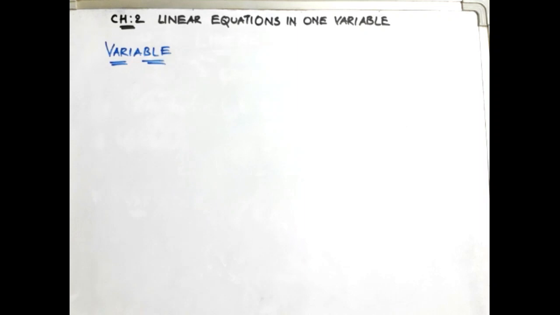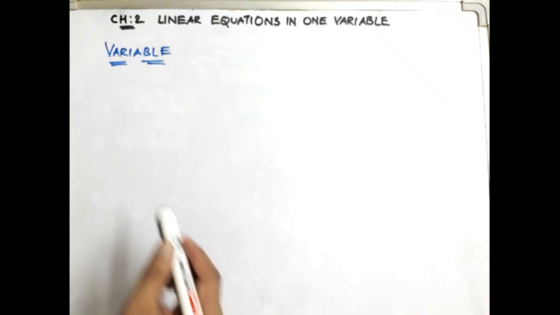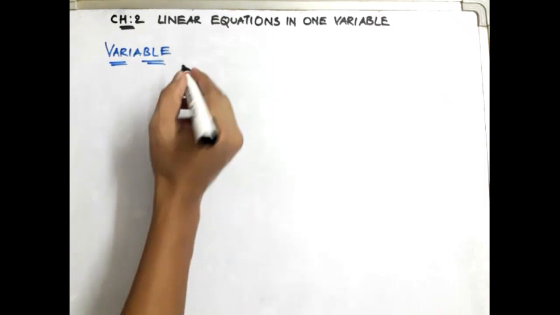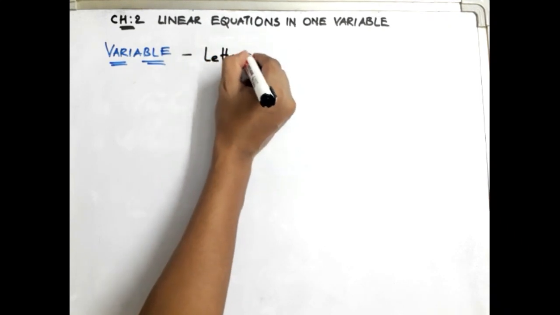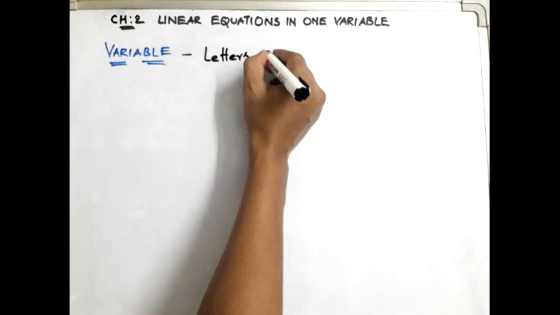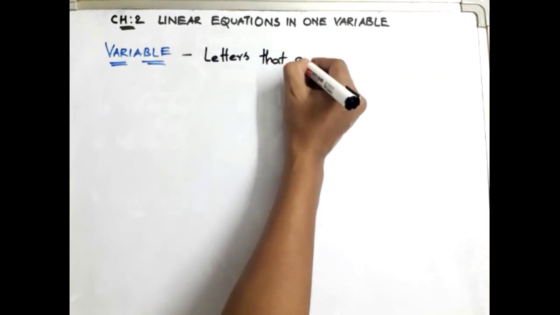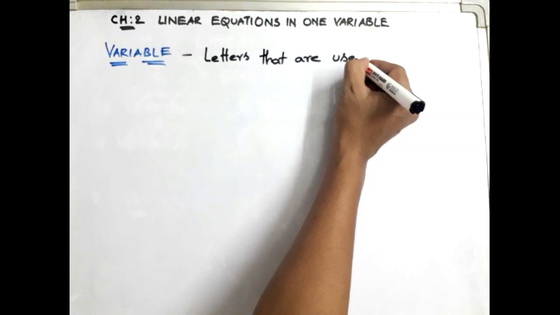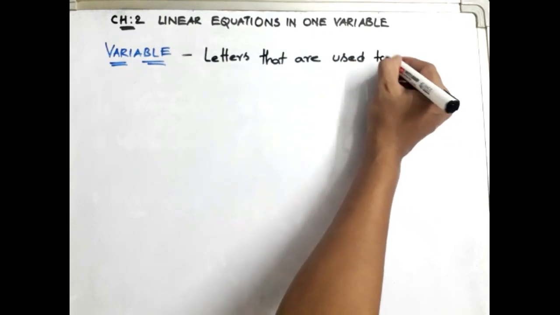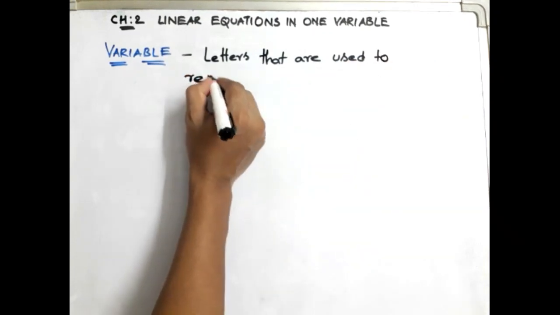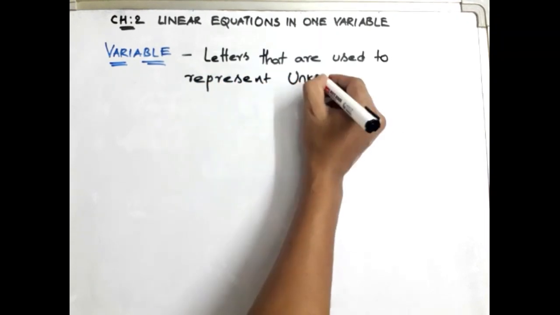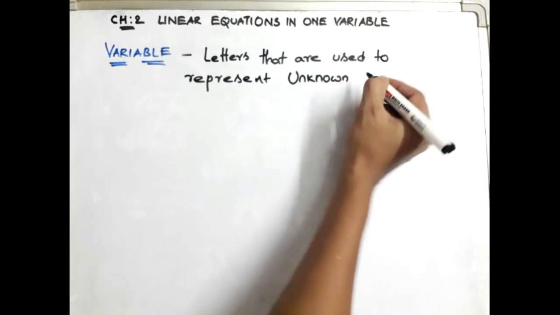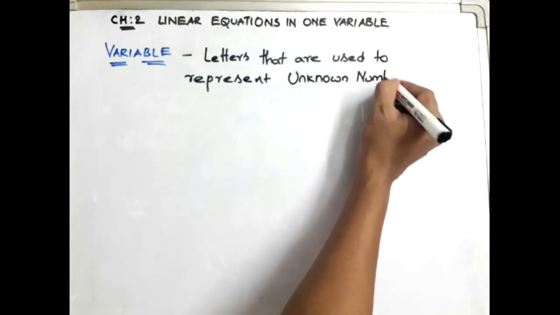In order to write algebraic expressions or equations, understanding variable is very important, where variables means letters, that means English alphabets, that are used to represent unknown values, or unknown numbers.